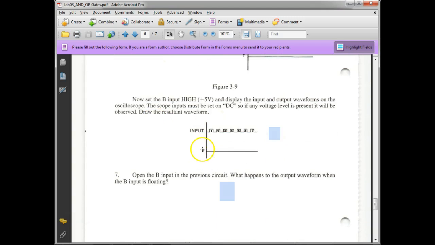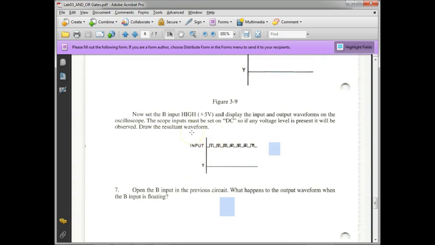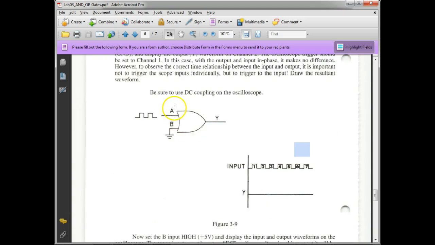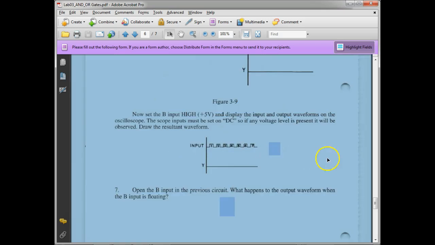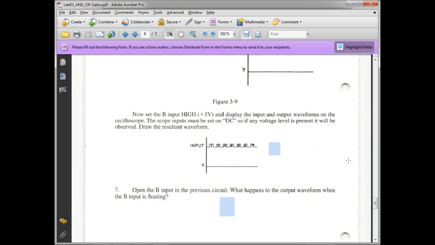Here, if the B input is high, what should we expect? So that means here the output is going to follow the A input, right? You understand? So what's going to happen down here? So what does this gate say? This says any high gives me a what?